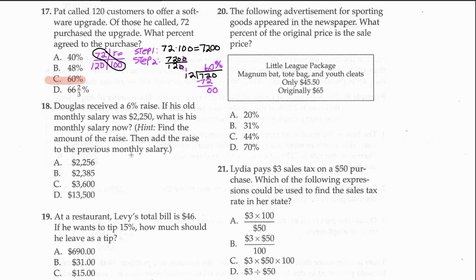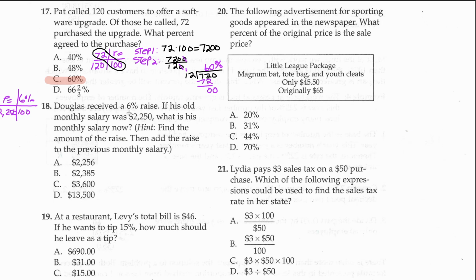Yes, this is a two-step process. So first, we need to find the 6% of the $2,250. Okay, 6% goes here, 100% goes here, 2,250 goes here. And we need to know the part because that's the raise.